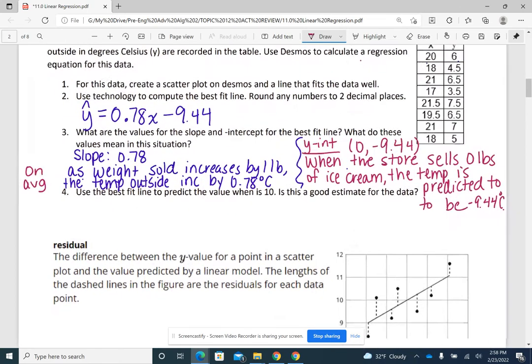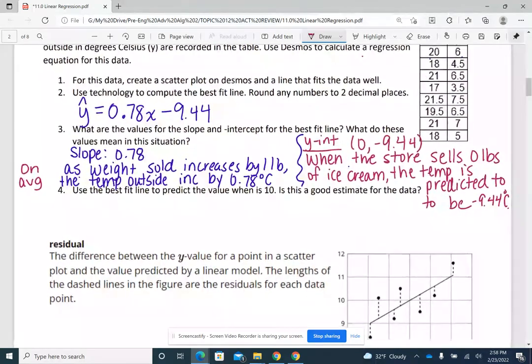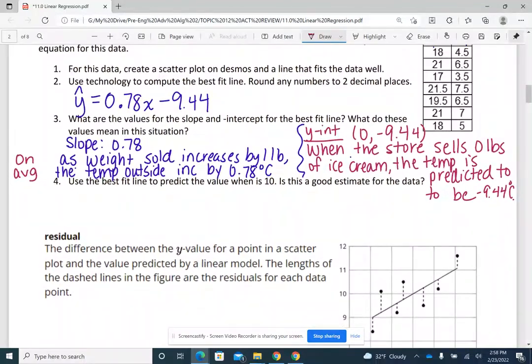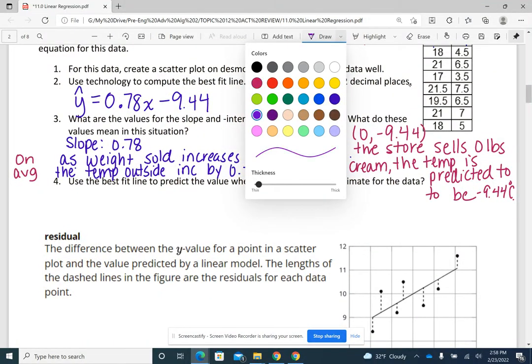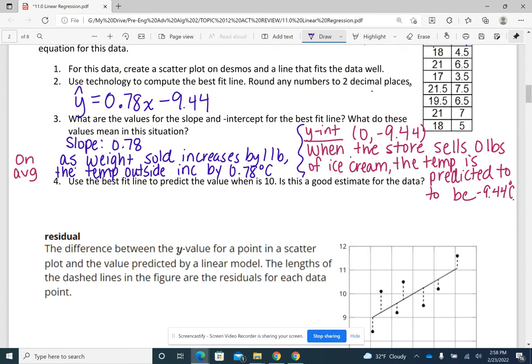The next question says use the line of best fit to predict when the value is 10. So when the x value is 10, I'm going to substitute 10 in for x. So I'll say y hat, the predicted y, equals 0.78 times 10 minus 9.44. I'm going to substitute that into my calculator.